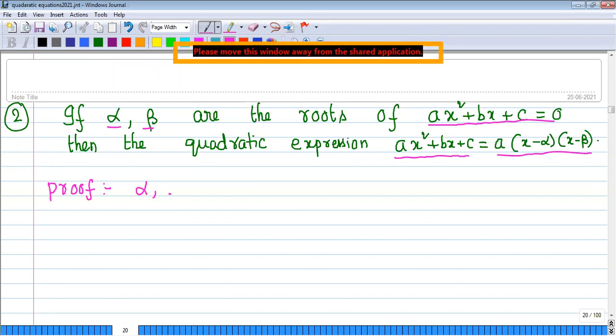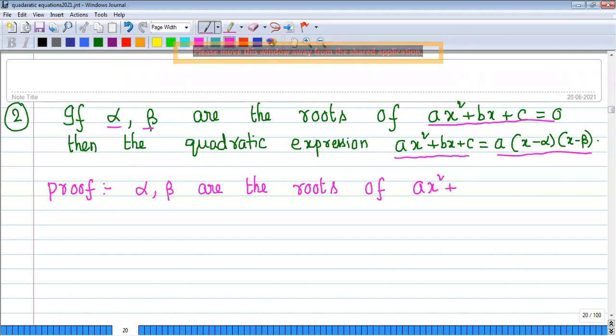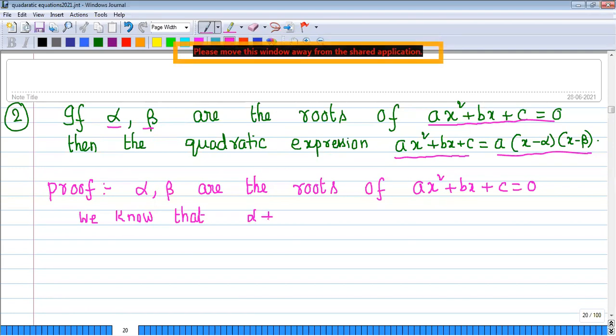Alpha, beta are the roots of ax square plus bx plus c equals 0. From the first deduction, we know that, without seeing, what is alpha plus beta? Minus b by a. Very good. Alpha plus beta, as we just proved, is minus b by a.